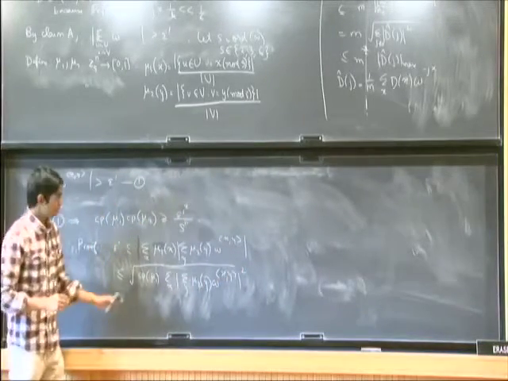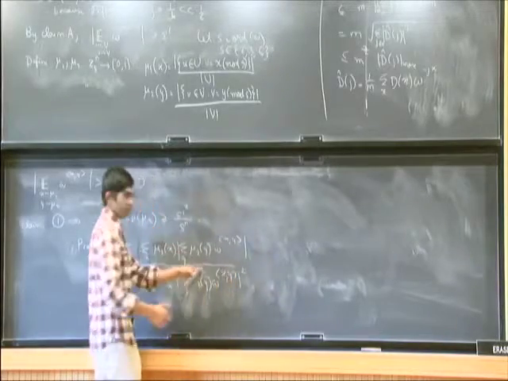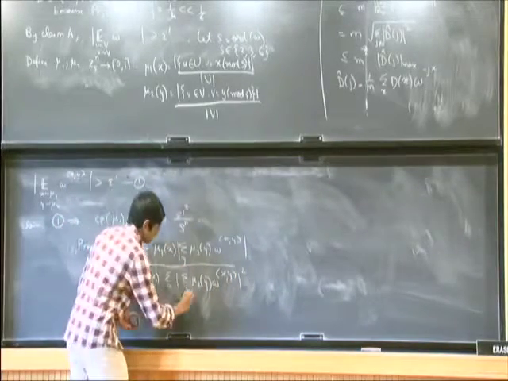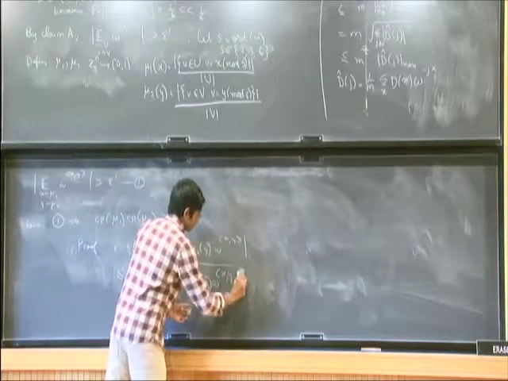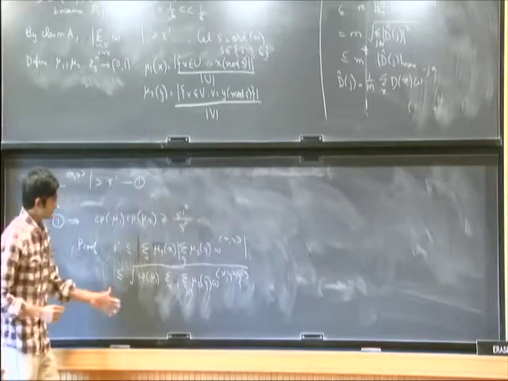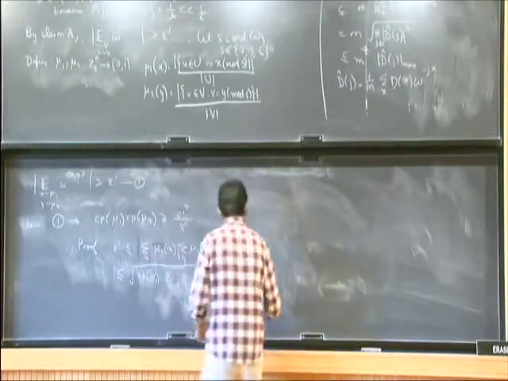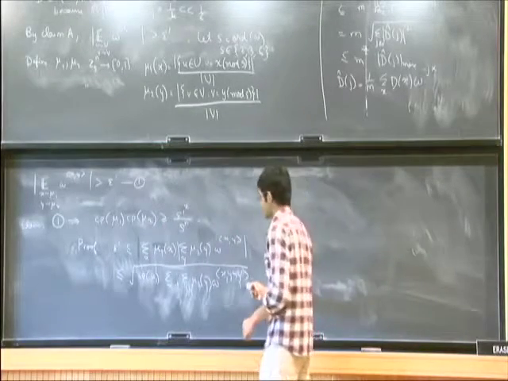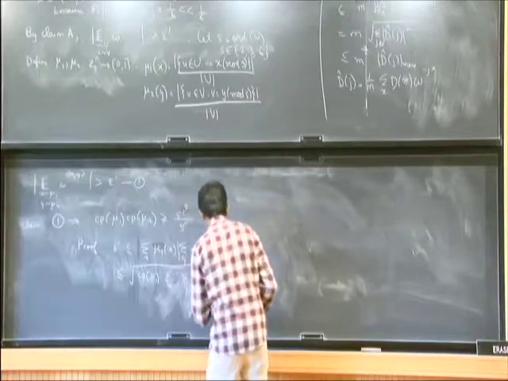Right. So now the usual trick: I'll write this square as two independent summations. So I'll have y prime, right? And now let's interchange summations.